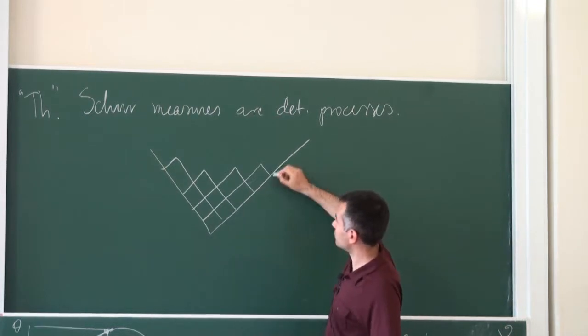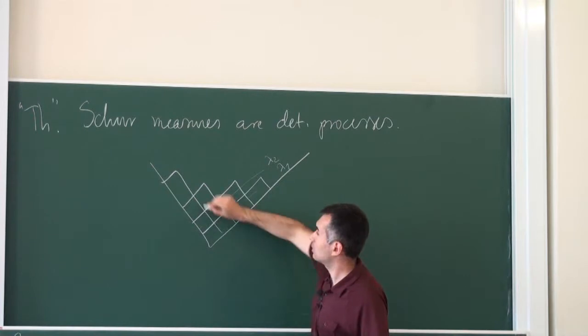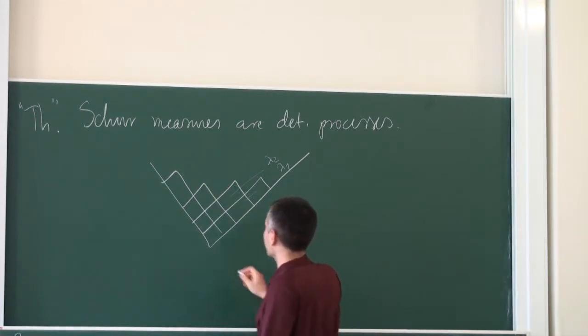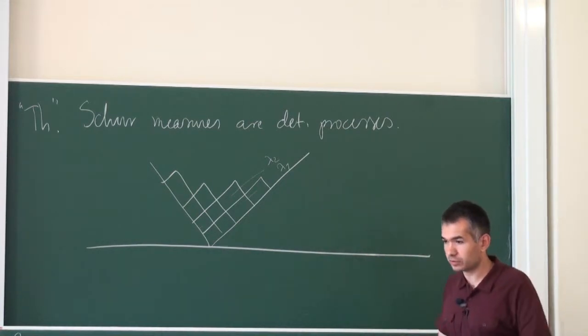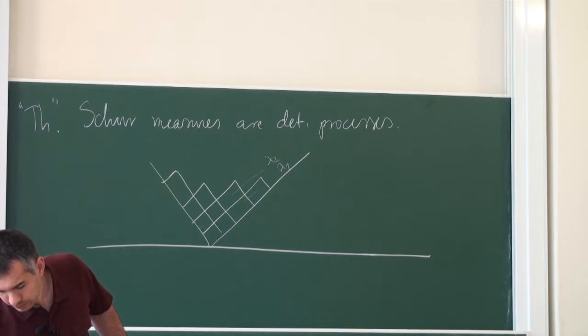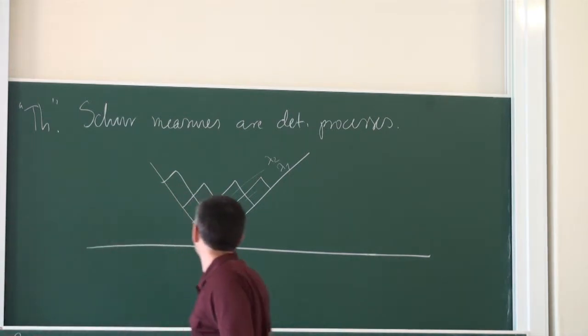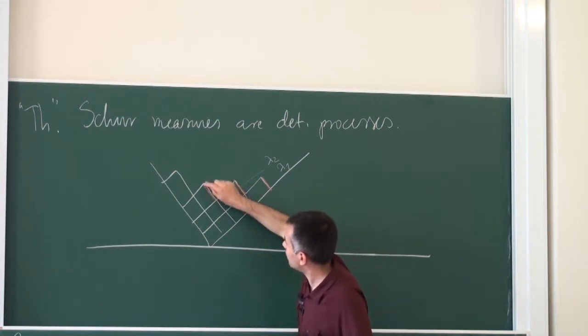So the number of boxes in this row is lambda 1, in this row lambda 2, and so on. Now I'm going to project this picture onto the lattice in the form that I already used actually in the first lecture. I'm going to take all segments of slope -1.